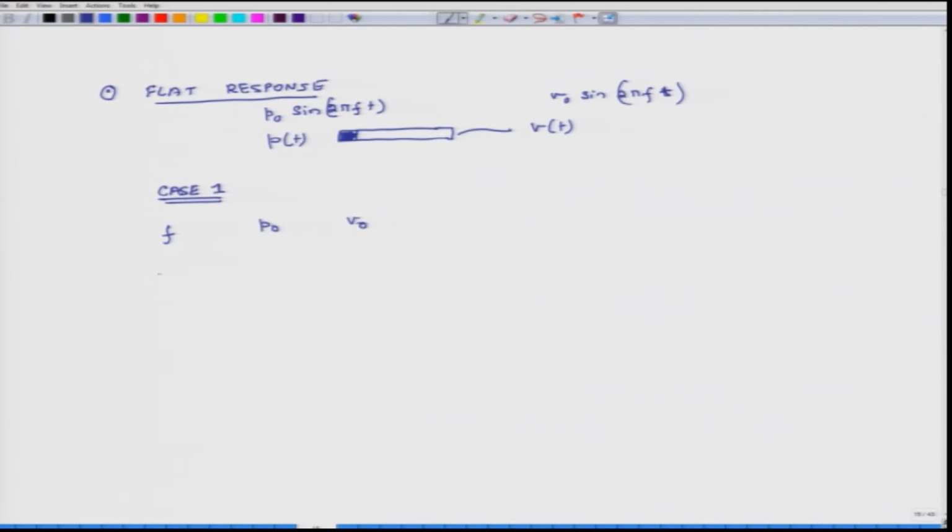Let us say F is 20 hertz, 40 hertz, 80 hertz, 160 hertz, 320, 640, 1280, and we can go on and on further. And let us say P naught is 1 Pascal in each case.